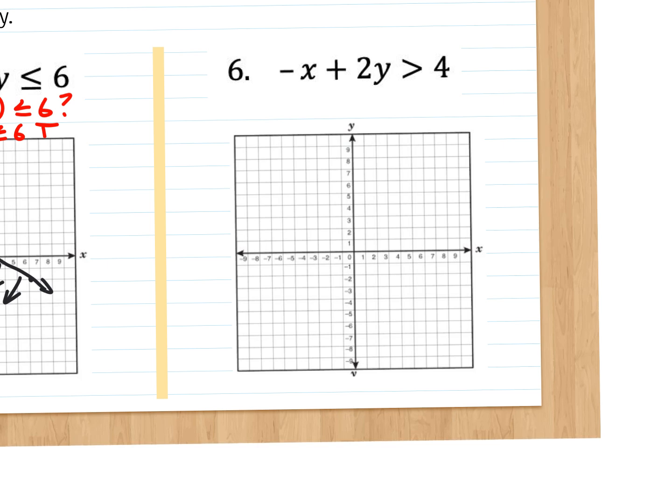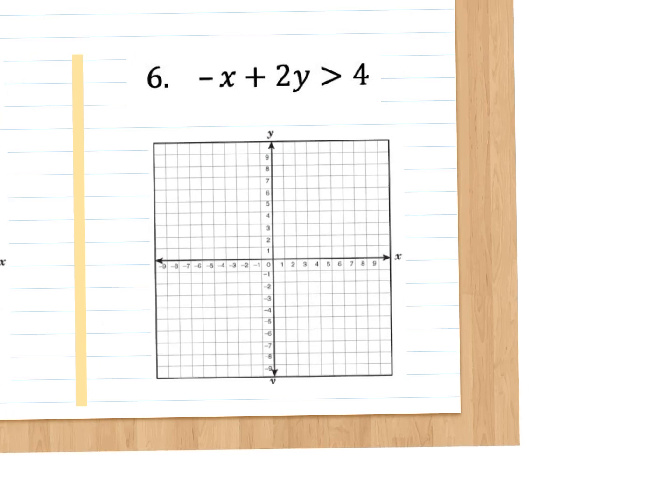So for this one, if I'm going to add x to both sides, so 2y greater than x plus 4, divide by 2. Y greater than 1/2 x plus 2. So I'm going to start at 2, up 1 over 2.